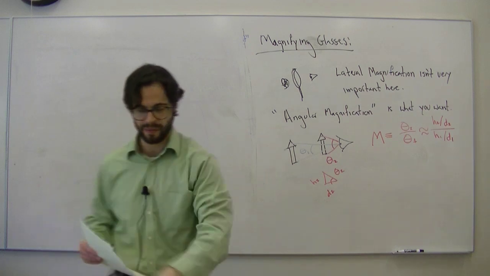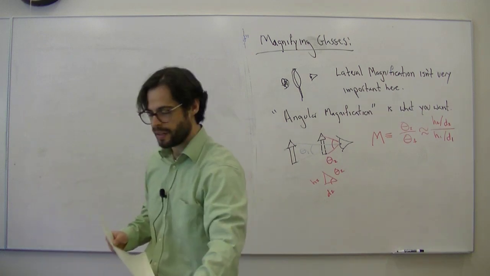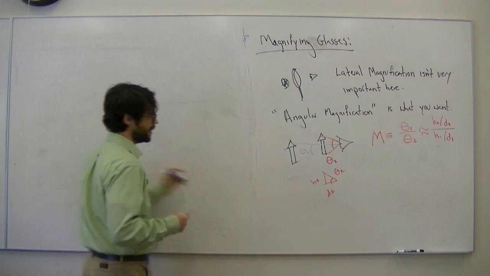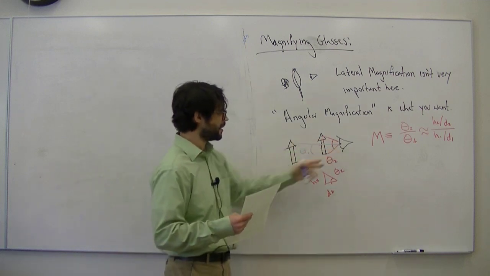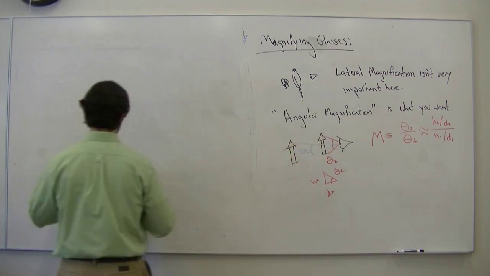Let's say that I have one lens. How can I use one lens to do better than I can do by angularly magnifying something?